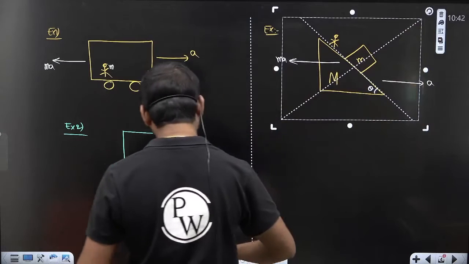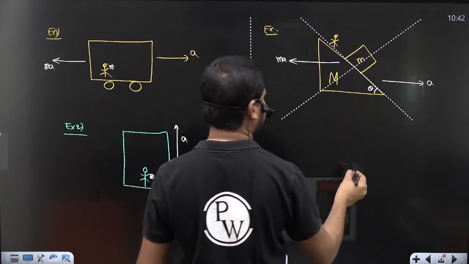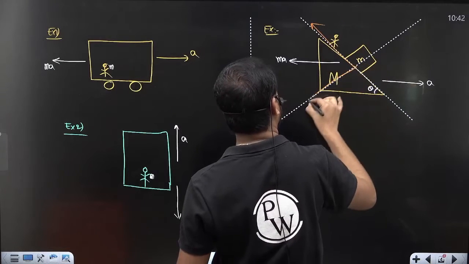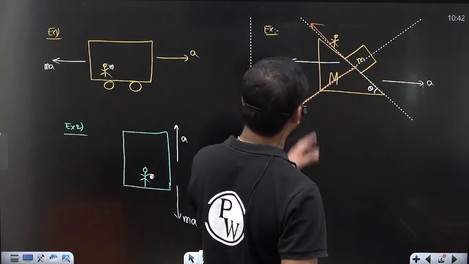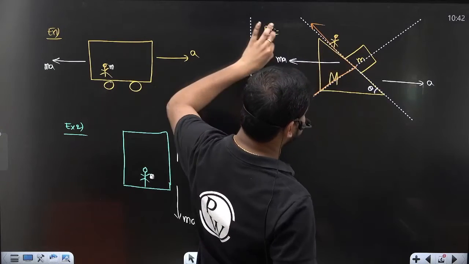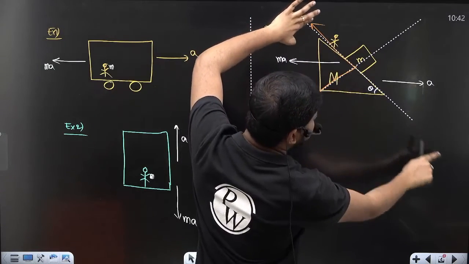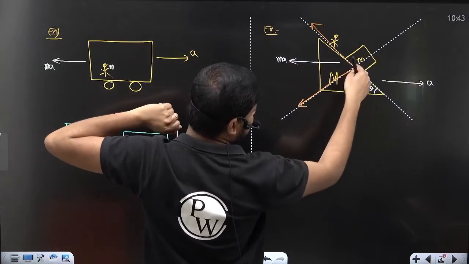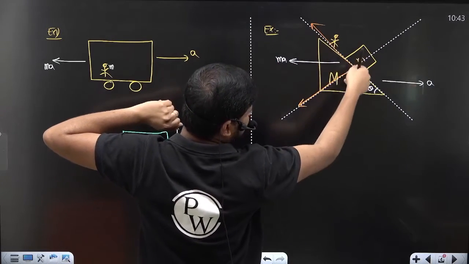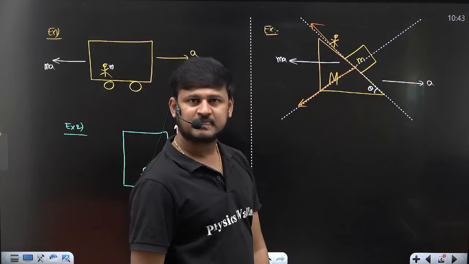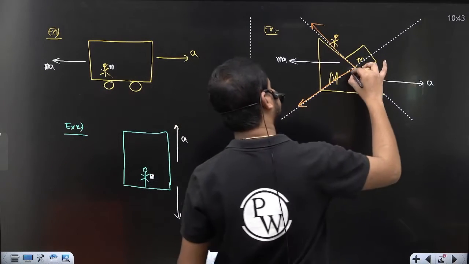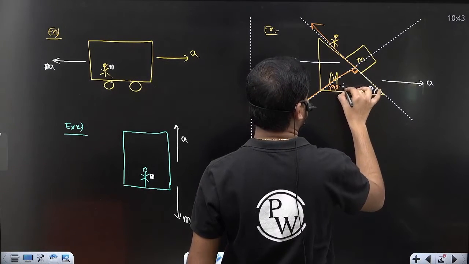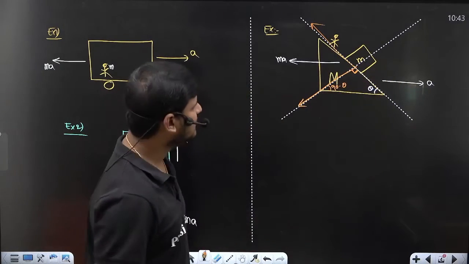Here ma will have two components. What are the two components of ma? This is one component and this is another component. Since ma is on this side, we change the frame of reference so this is the x-axis and this is the y-axis, and ma has a component on this side and a component on this side. Now if this angle is theta, this is going to be 90 minus theta.